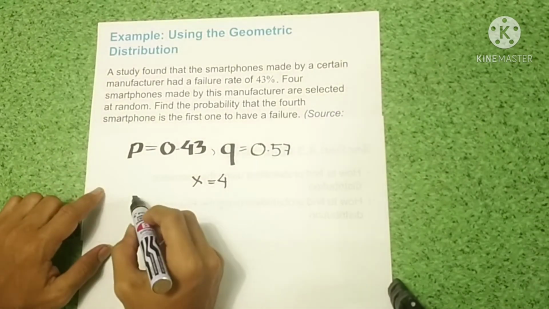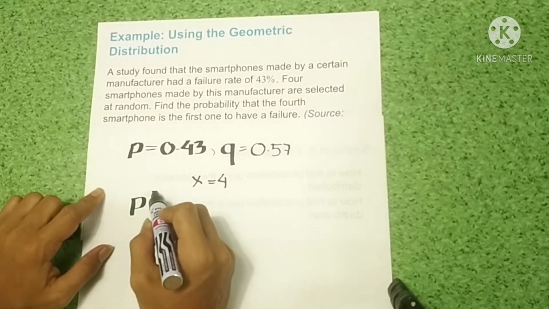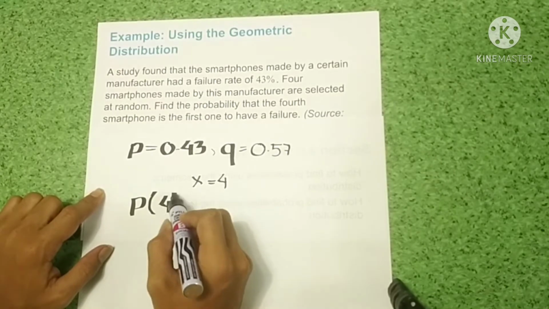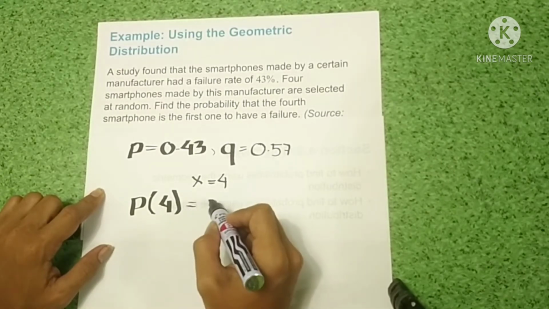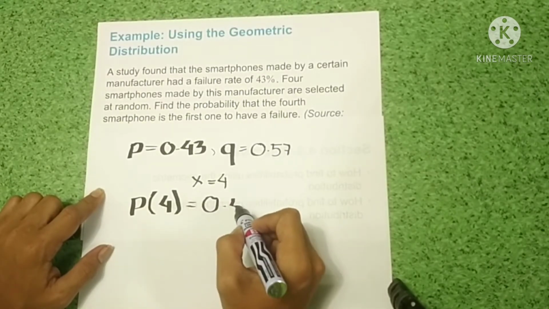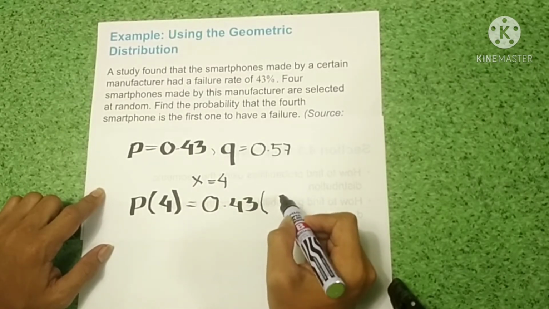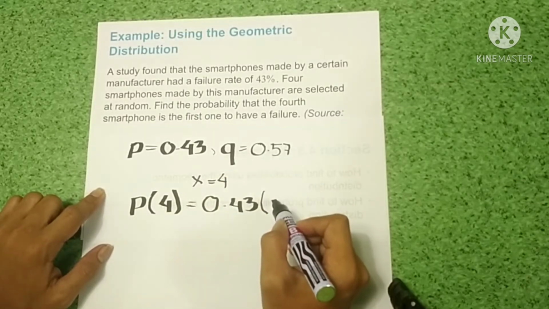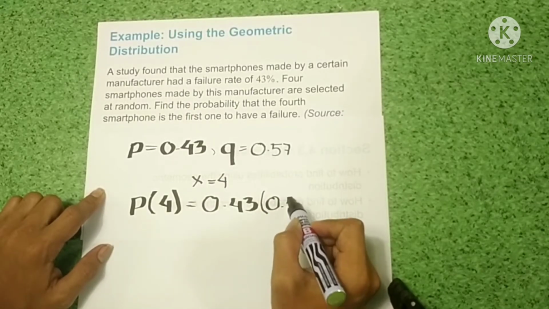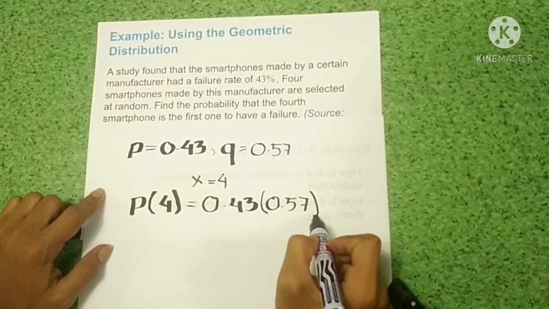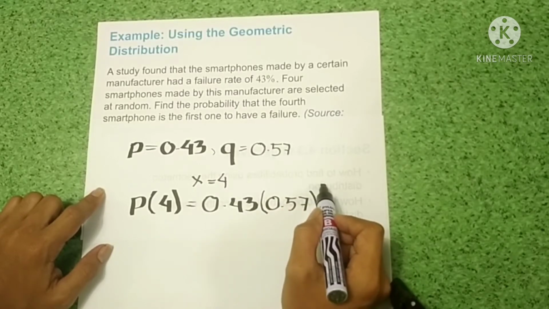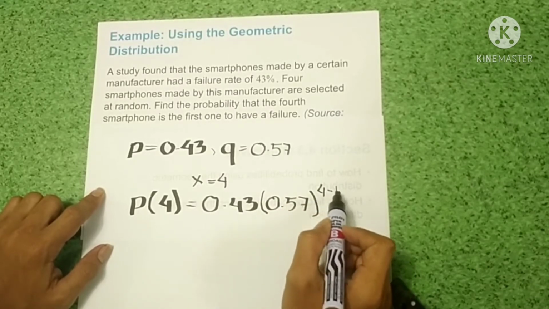So P of 4 is equal to 0.43 times 0.57, the Q, raised to the power of 4 minus 1.